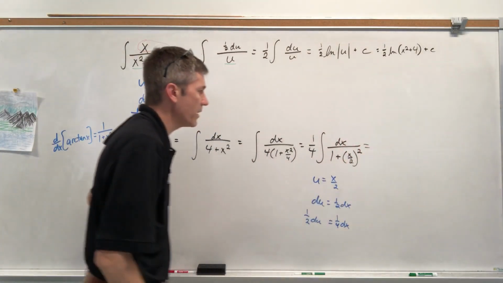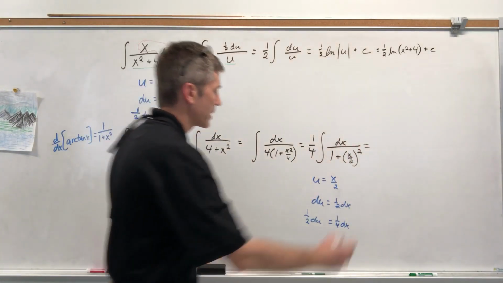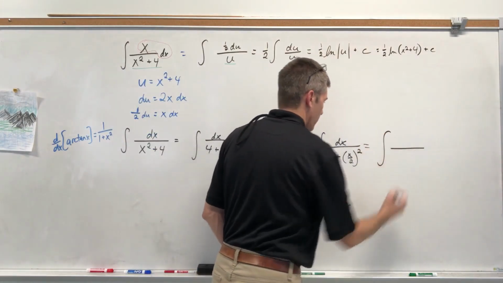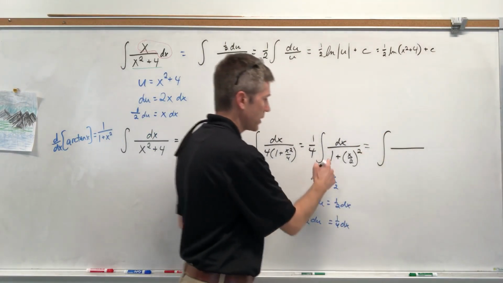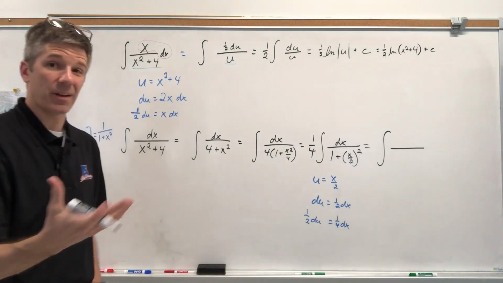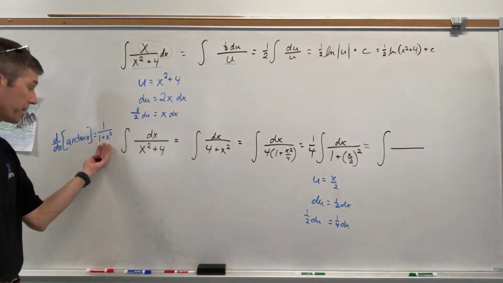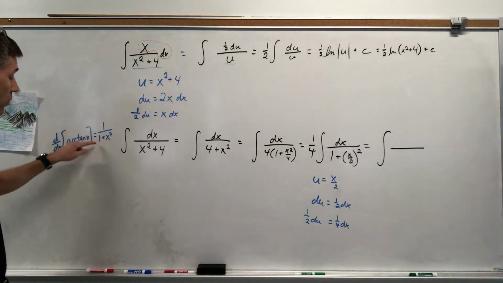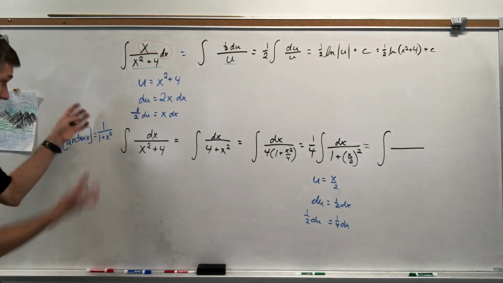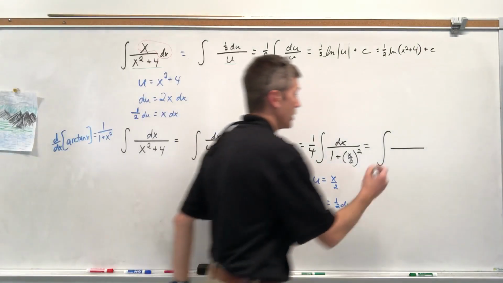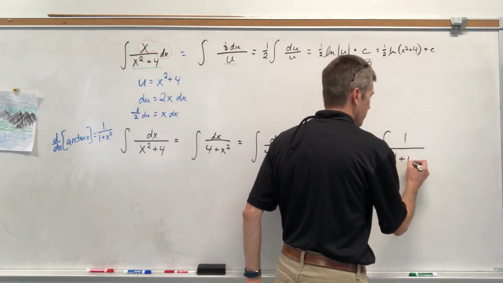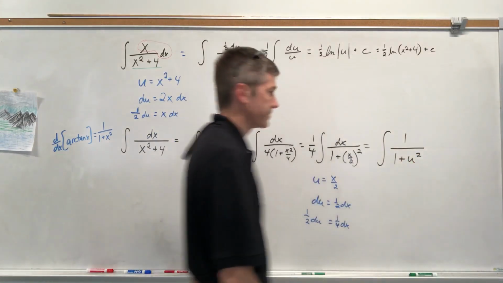So we're going to have the integral of, and let's see, what's the biggest thing happening here? Well, a lot of things are happening. This is going to be 1 over 1 plus u, and it is squared. That's the structure of what we're dealing with. Okay?